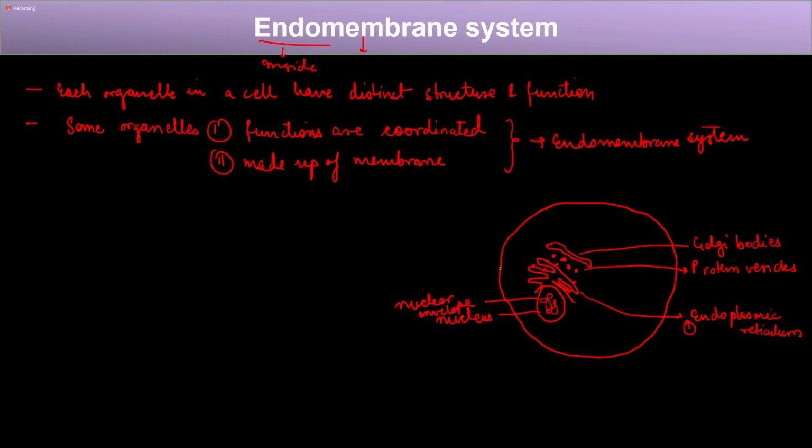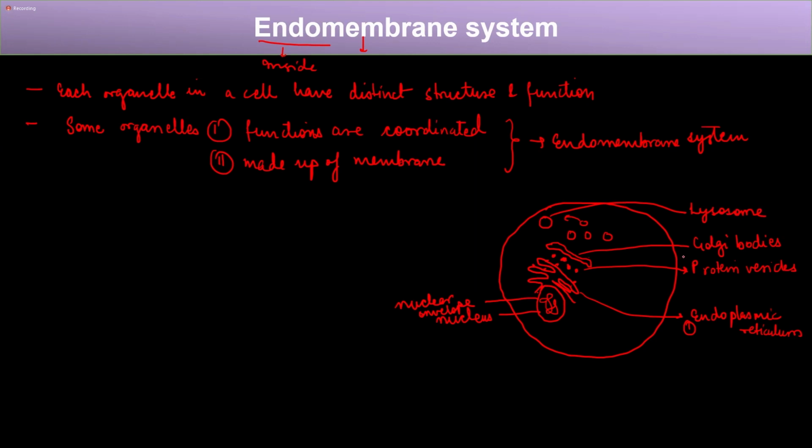It will go to the Golgi bodies for processing, and from the Golgi bodies the processed vesicles will be released. They will either go to another organelle called the lysosome, or to the membrane.